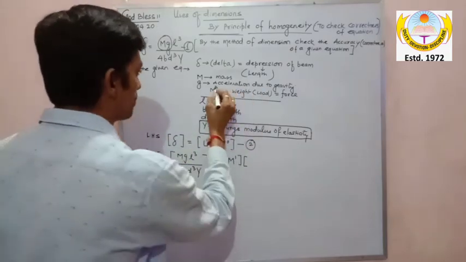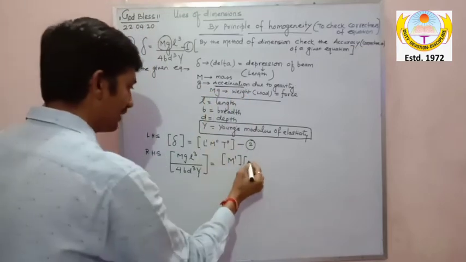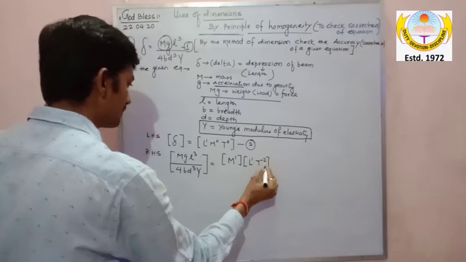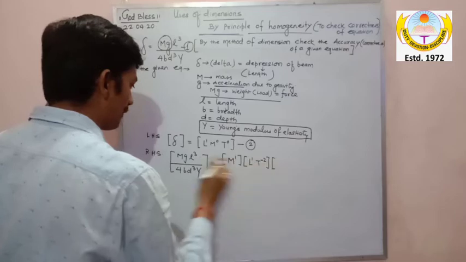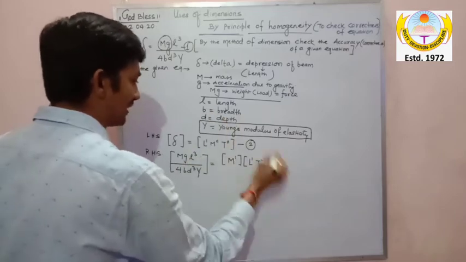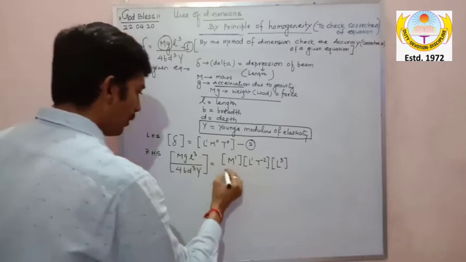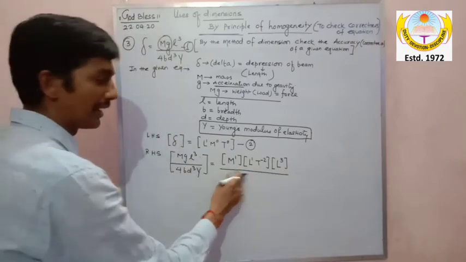I told you long back, acceleration due to gravity has the same dimension as acceleration, so it is L power 1 T power minus 2. Here the dimension of l cubed is L cube.